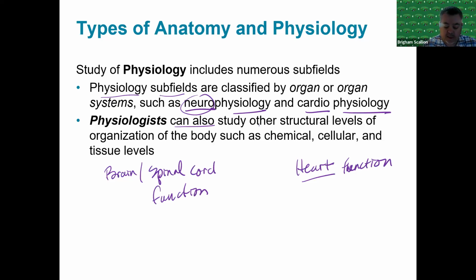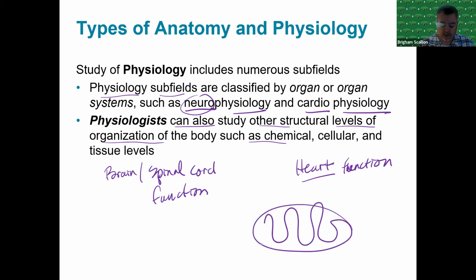Physiologists can also study other structural levels of the organization of the body, such as chemical physiology, cellular physiology, or tissue physiology. For instance, most people know the name of the organelle found in the human cell that is responsible for producing energy.